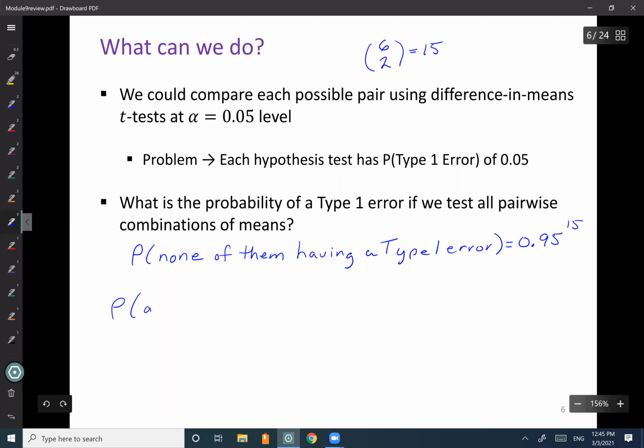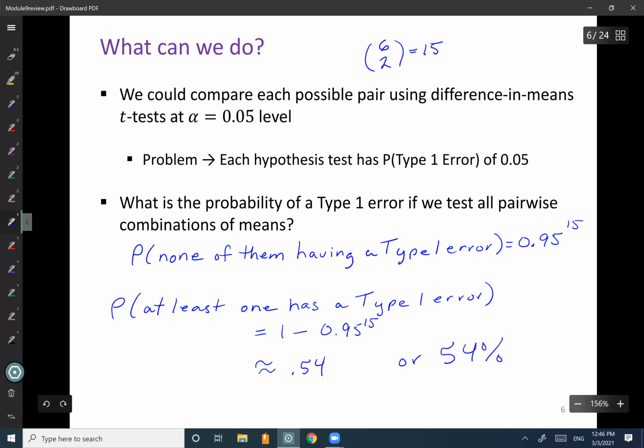And then the probability of at least one of those tests having a type 1 error would be equal to 1 subtract 0.95 to the exponent 15, which is about 0.54, or 54%, which is quite high.